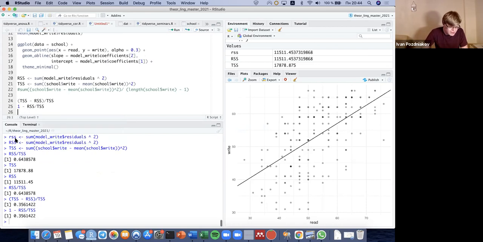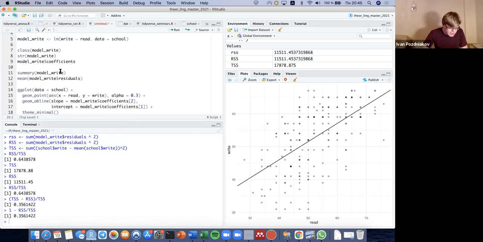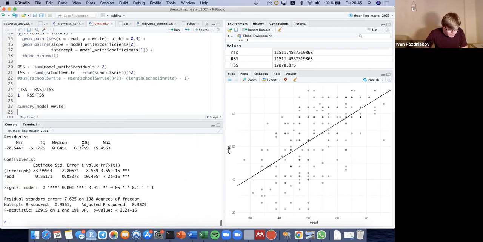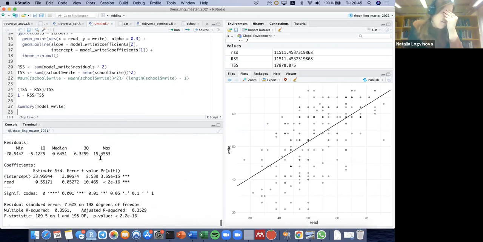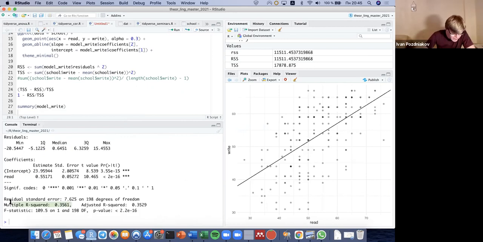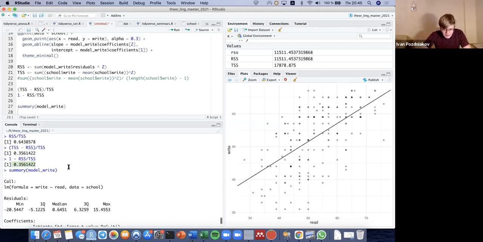It will give exactly the same result. Now let's return to our result, and yes, we have the same result as the multiple R squared. So now you know what stands behind this R squared.